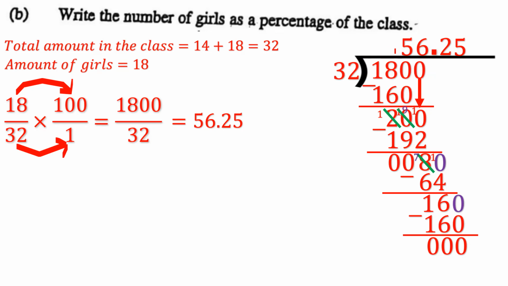So we subtract 180 minus 160. 0 minus 0 is 0, 8 minus 6 is 2, and so we're left with 20, and we bring down the 0. So we have 200. How many times can 32 go into 200? Well, that's going to be 6 times. And 32 times 6 is 192.